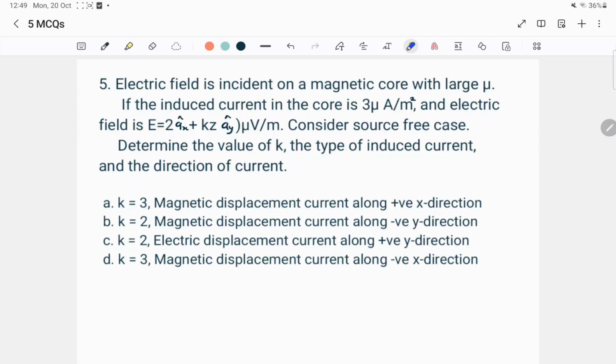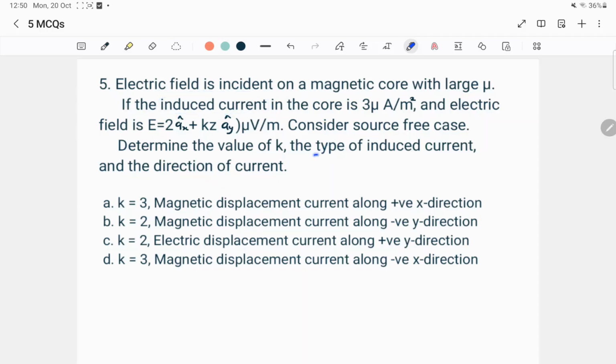Okay, so you need to find the value of K, which is in the expression of the electric field, and you also have to find the type of the induced current and the direction of the current. In this question, the electric field is incident on a magnetic core, and it induces some current in the core.